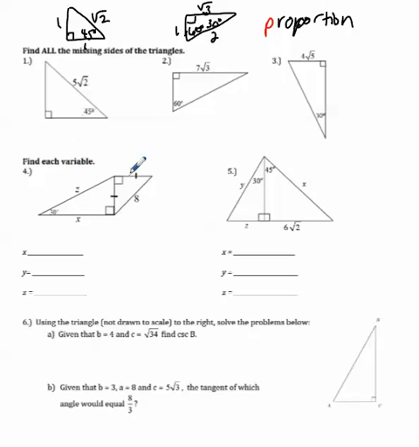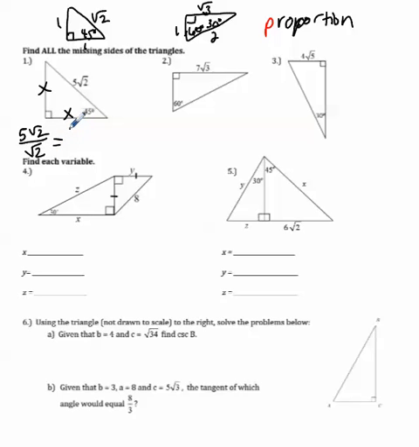In the first problem, I have the hypotenuse as 5 root 2. In the parent triangle, my hypotenuse is root 2. I'm trying to find this side, which I happen to know is the same as this side because it's a 45, 45, 90 triangle.